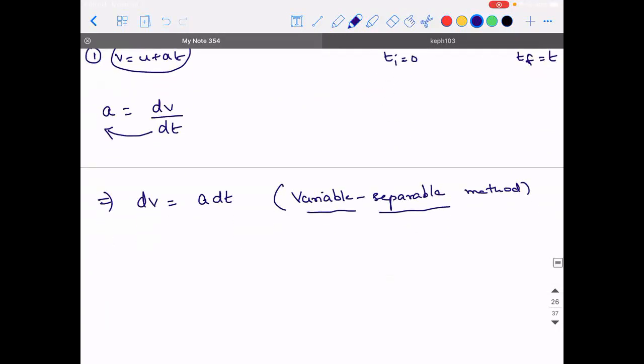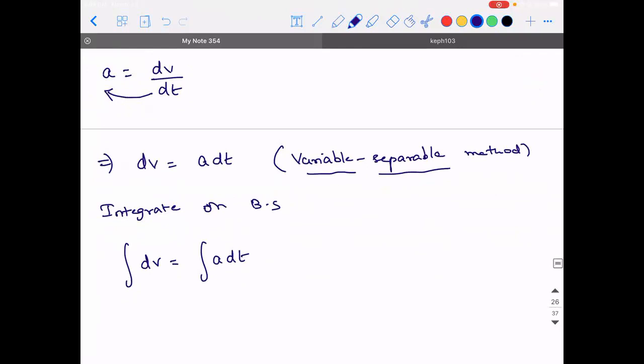After you attain this step, you need to integrate on both sides. So you get the integral of dV is equal to the integral of A dt. If I take the initial time, the corresponding initial velocity was Vi. If I take the final time as Tf, the final velocity will be Vf.